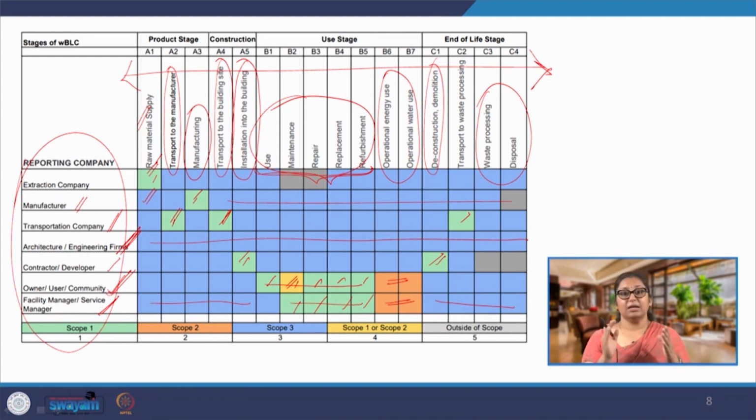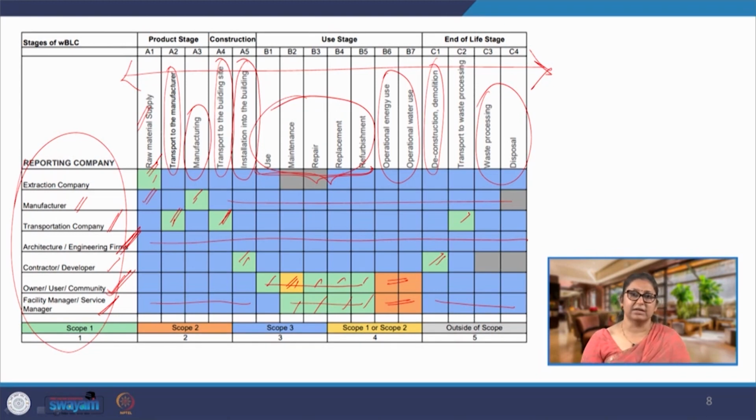For any product, we are going to look at the entire life cycle stages and all the stakeholders, and then there will be absolute clarity as to where all the emissions are coming from and who is going to be responsible for them directly or indirectly. Wherever we have scope 1 emissions, it implies that that stakeholder is directly responsible for reducing the emissions.